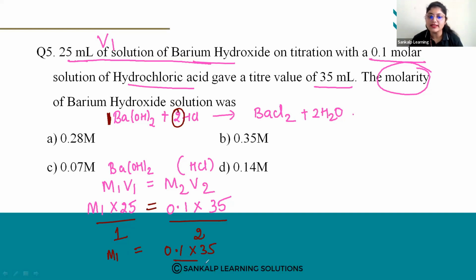Into 25. Do that and see what answer you are getting. First do 0.1 into 35, divided by 2. What answer are you getting? Just solve that.